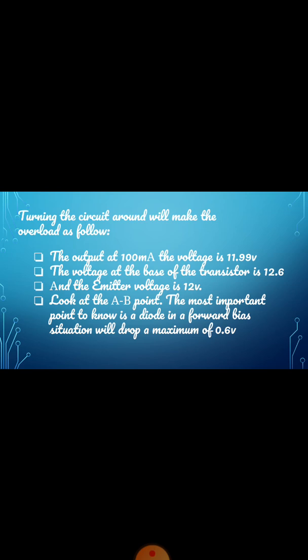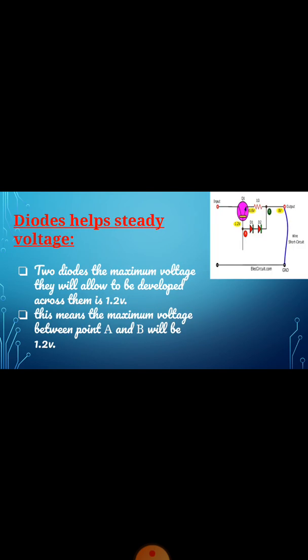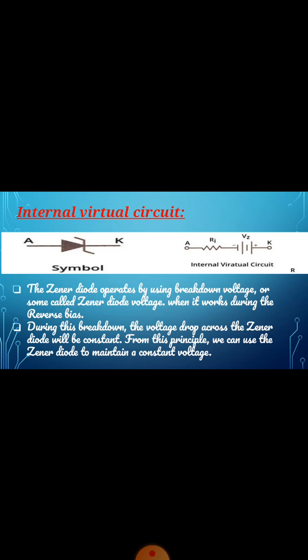The most important point to know is that a diode in forward bias will drop a maximum of 0.6 volt. Diodes help steady voltage. Two diodes, the maximum voltage they will allow to be developed across them is 1.2 volt. This means the maximum voltage between point A and B will be 1.2 volt.